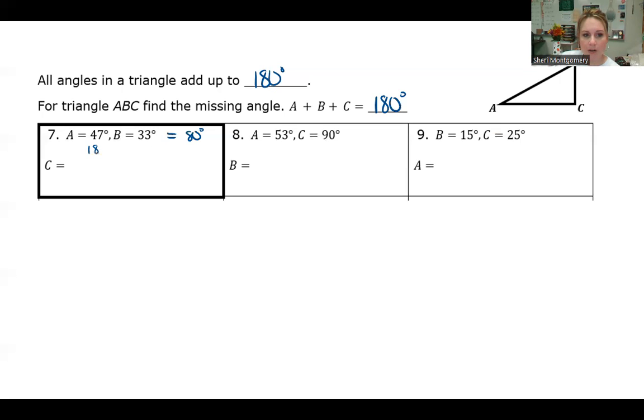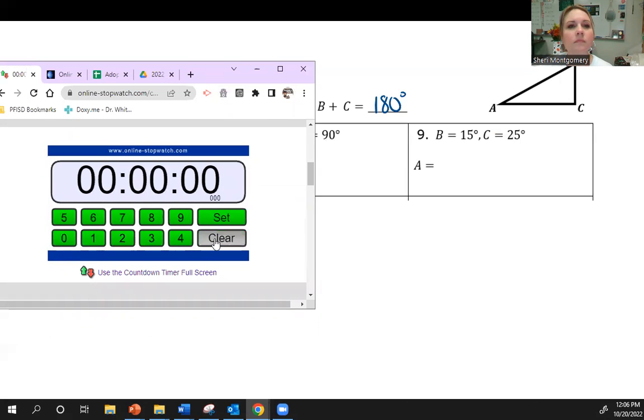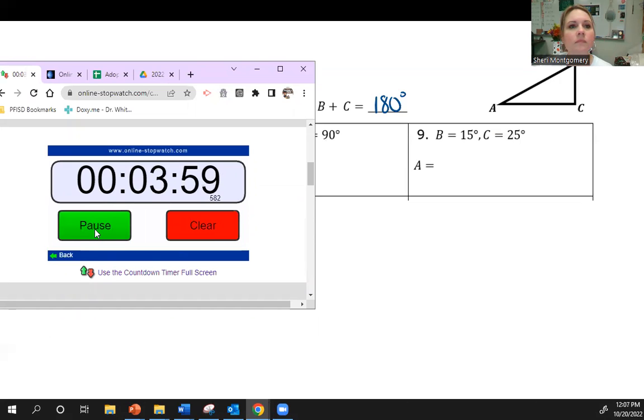And then it would be 180 minus 80. Yep, so we get 100.